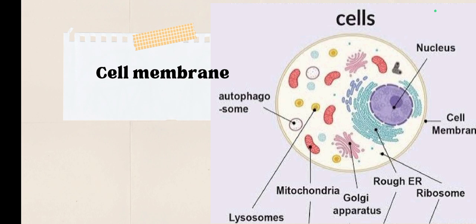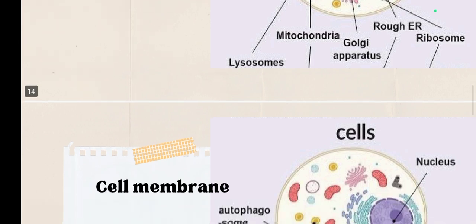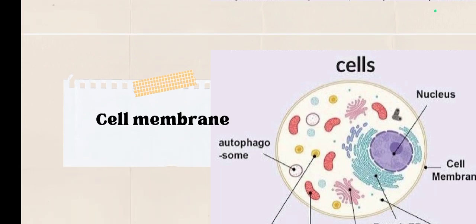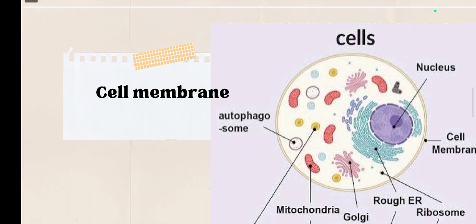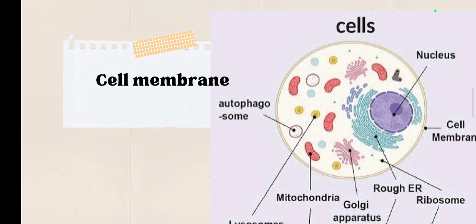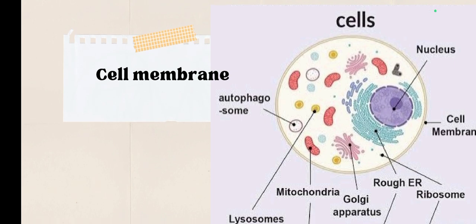It consists of a lipid bilayer that is a semipermeable membrane. This helps in regulating the transport of materials in and out of the cell. The cell membrane keeps toxic substances out of the cell and contains receptors and channels.